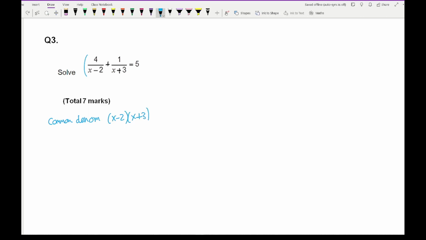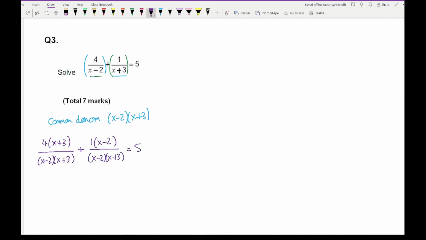So I need to multiply this first fraction by x plus 3, and I multiply this second fraction by x minus 2. So doing that, I end up with 4 lots of x plus 3 over x minus 2 x plus 3 plus 1 lot of x minus 2 over x minus 2 x plus 3, and again this time it equals 5.